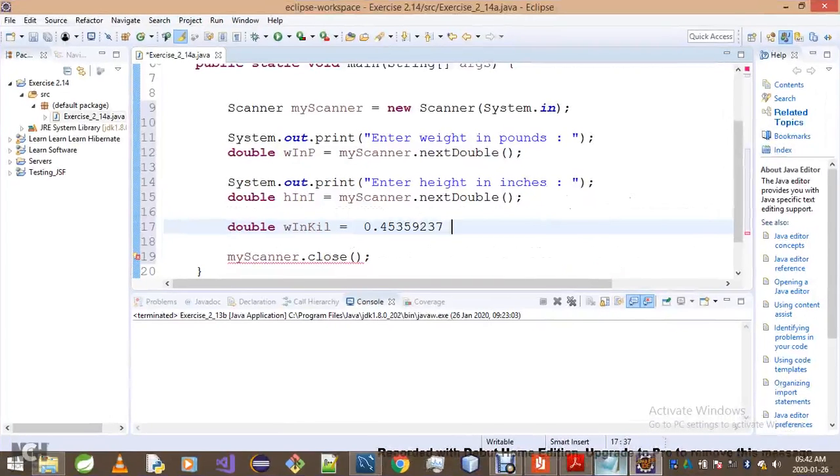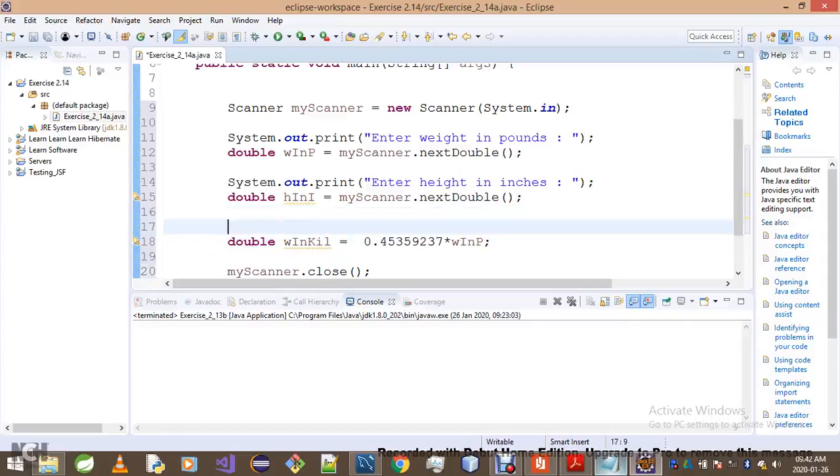It's simply going to be that multiplied by our weight in pounds. Now question, where did I find this? Like, how did I obtain this? It's pretty straightforward. If you do know math, then you should know where I found that.